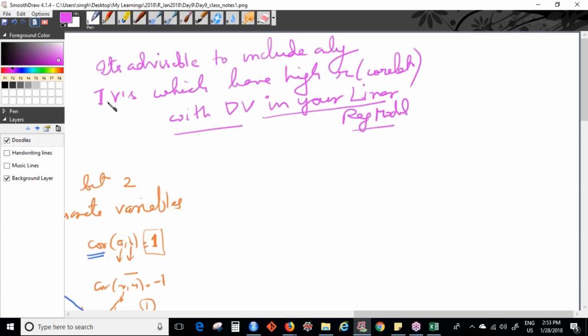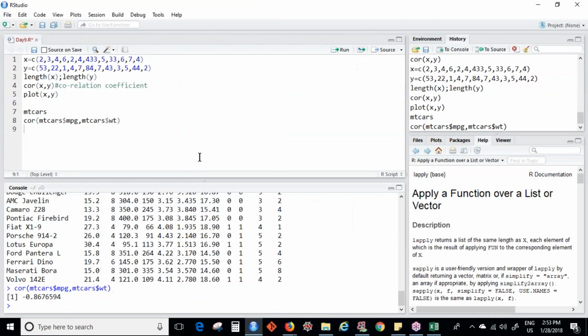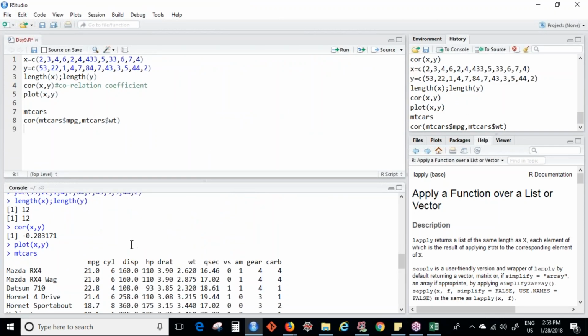It's always good to include independent variables which have high correlation with your dependent variable. Now let us try to see if any other variable has high correlation.